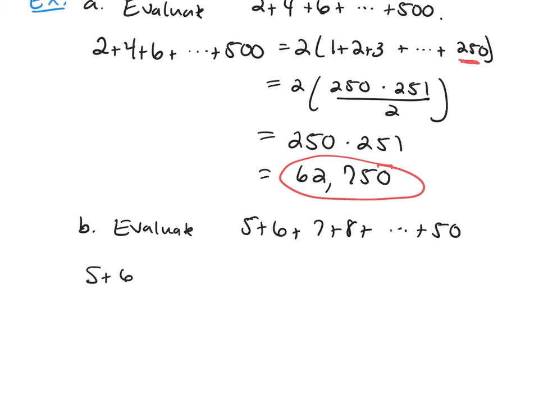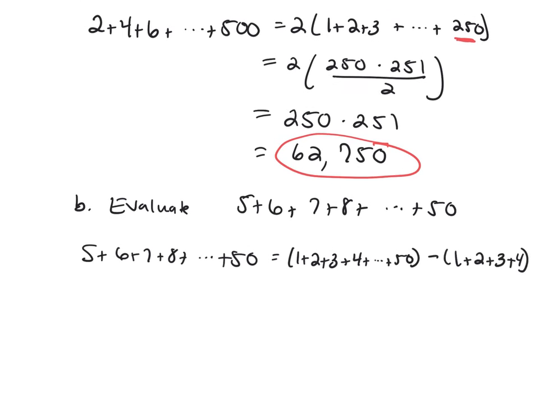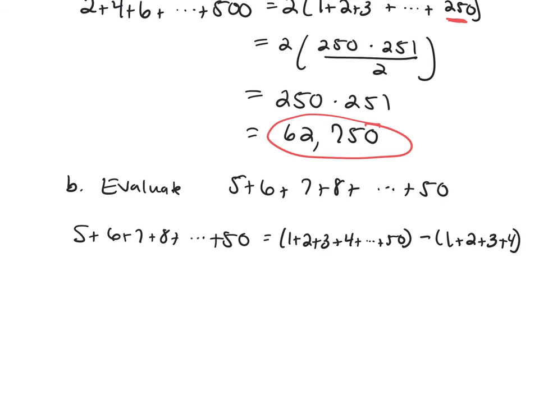If I take 5, 6, 7, and 8 all the way up to 50, what numbers am I missing to use the formula? I'm missing 1, 2, 3, and 4. So I can add them back in, but then subtract them away. So I haven't changed anything. It's still the sum of 5 up through 50.